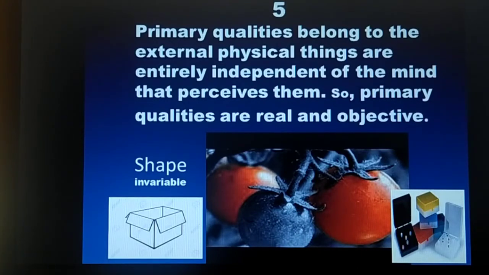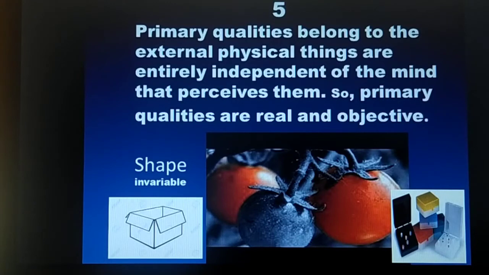For example, in this picture you can see a box, some tomatoes, and some other things. The spherical shape of the tomato is there, you see.